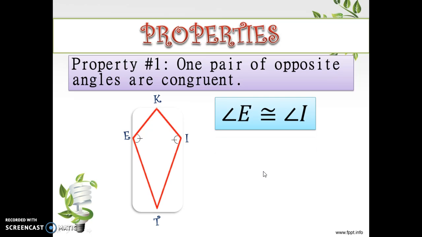So we say angle E is congruent to angle I. You know, angle E can be named also as angle KET, and also this angle I here can also be named as angle KIT or TIK. Okay?